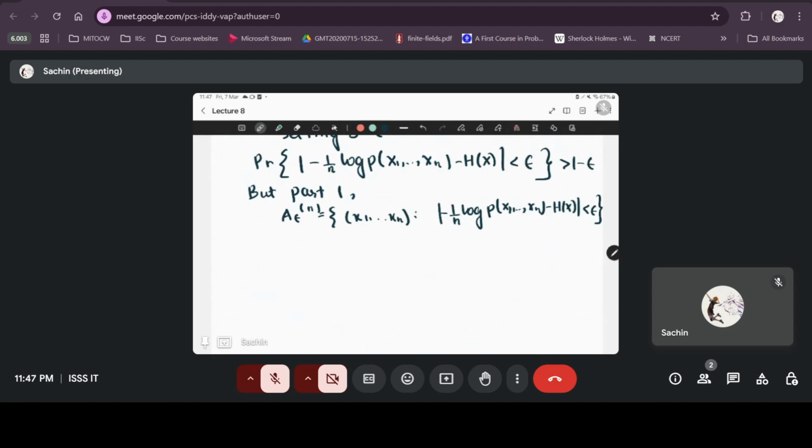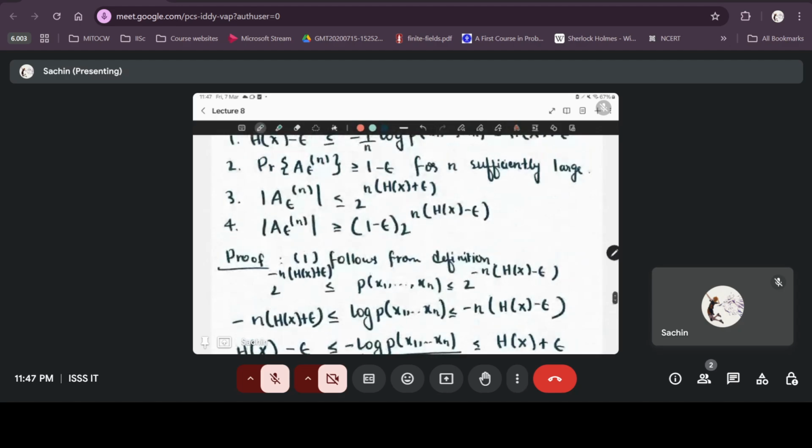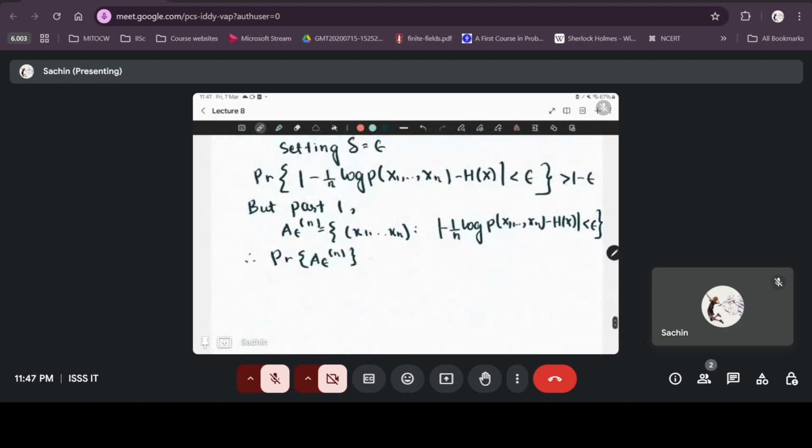So that's actually the typical set. Therefore, the probability of the set A epsilon of n is greater than or equal to 1 minus epsilon in probability.